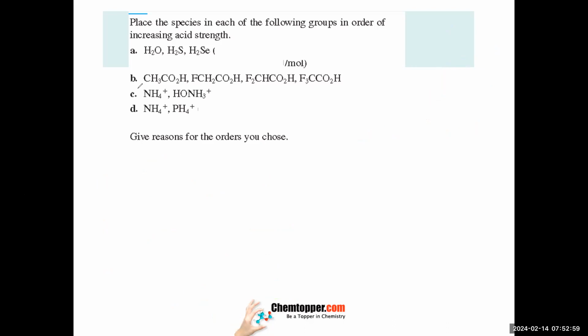This one, C. In the first case, nitrogen is bonded to 4 hydrogens, right? In the second case, nitrogen is bonded to 3 hydrogens and oxygen with hydrogen.